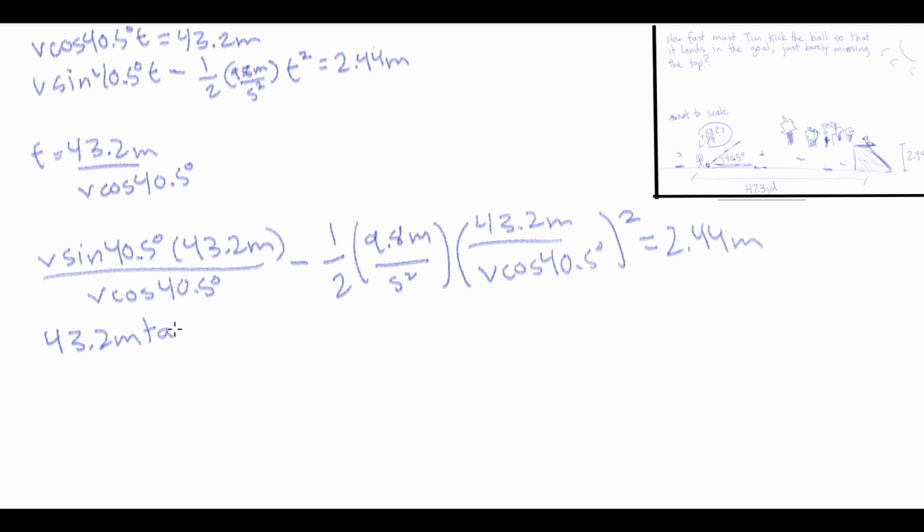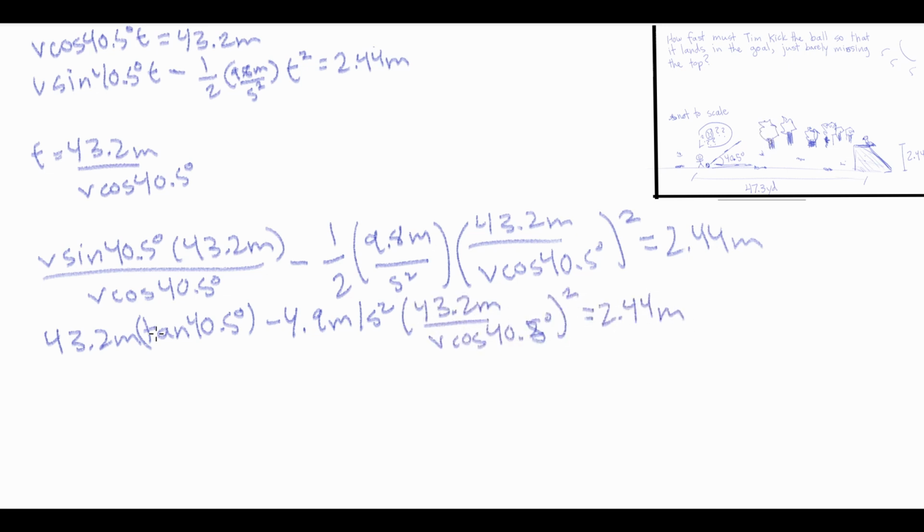Simplifying, we have 43.2 meters times tangent of 40.5 degrees subtracted by 4.9 meters over seconds squared times 43.2 meters over horizontal velocity squared equals 2.44 meters.